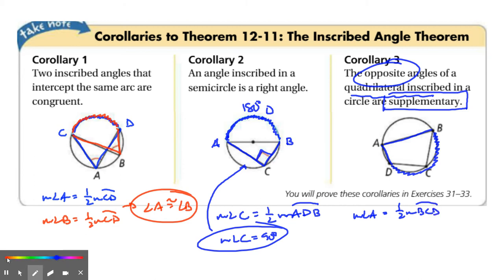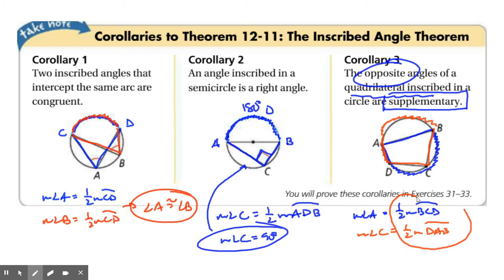And then let's look at angle C. Angle C opens up to this arc. So the measure of angle C is going to be half the measure of arc, let's call it DAB. Well, if you look at this picture, what do these two arcs make? BCD and DAB make the circle.